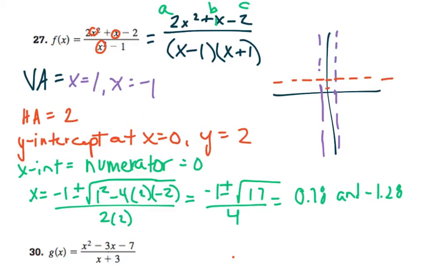Our y-intercept is 0, 2, so the y-intercept is at a y of 2, and apparently we intersect right here.